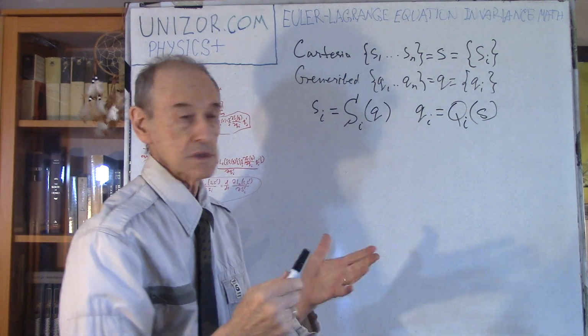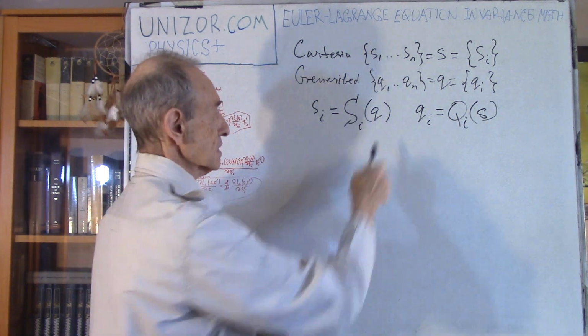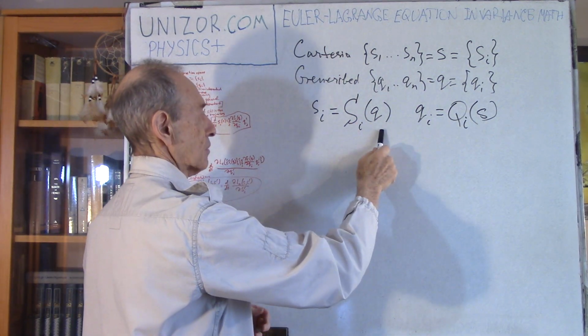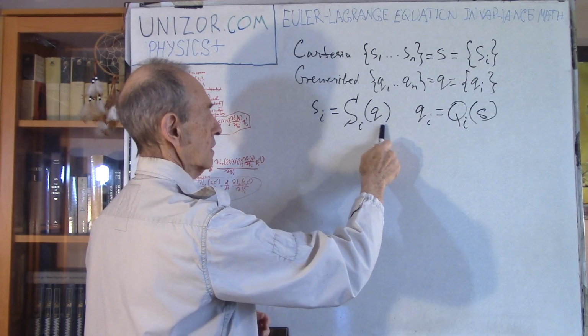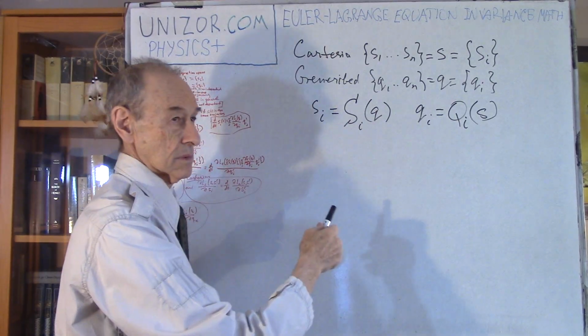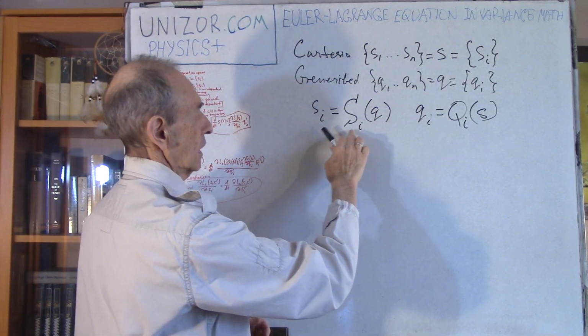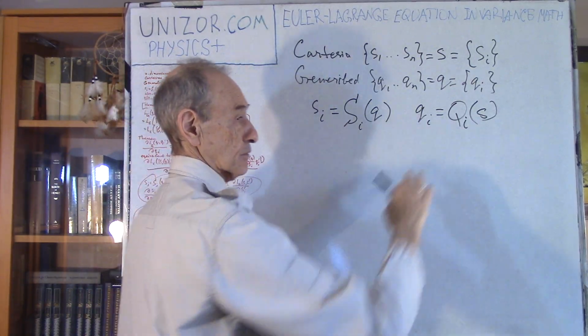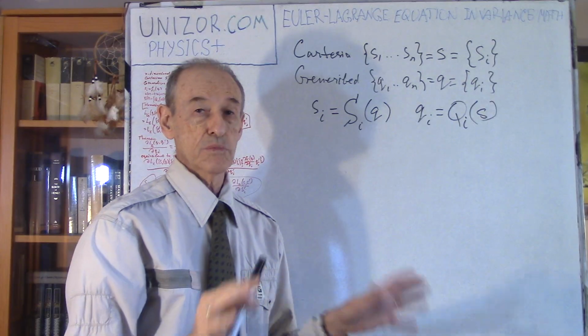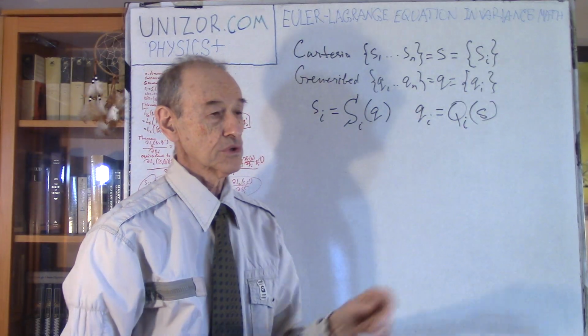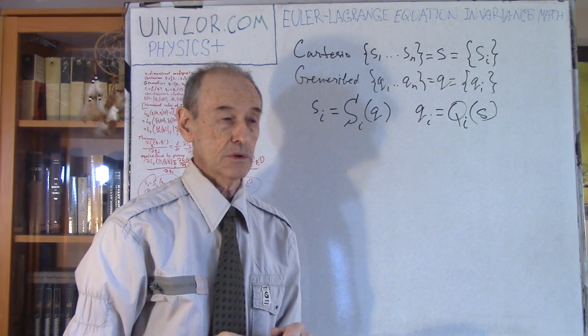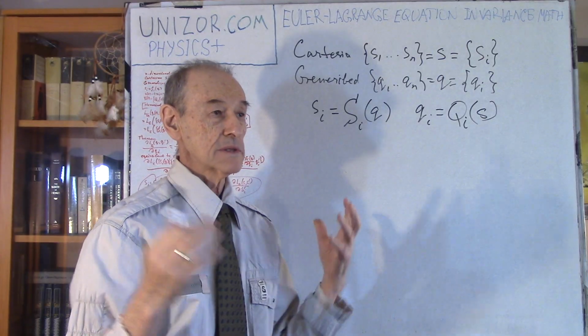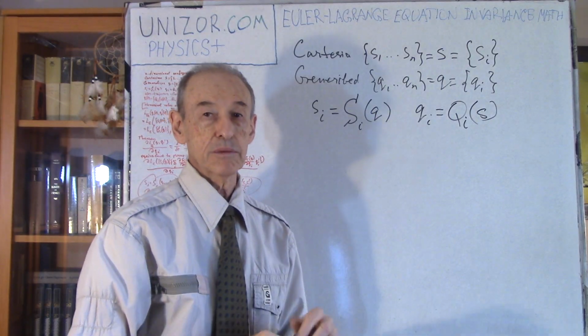They are known functions, formulas if you wish. So this is a formula with parameters q1, q2, qn, and it delivers one particular si. Another formula would be for another si, etc. These are smooth functions, mutually invertible into each other, which means they are describing exactly the same process.